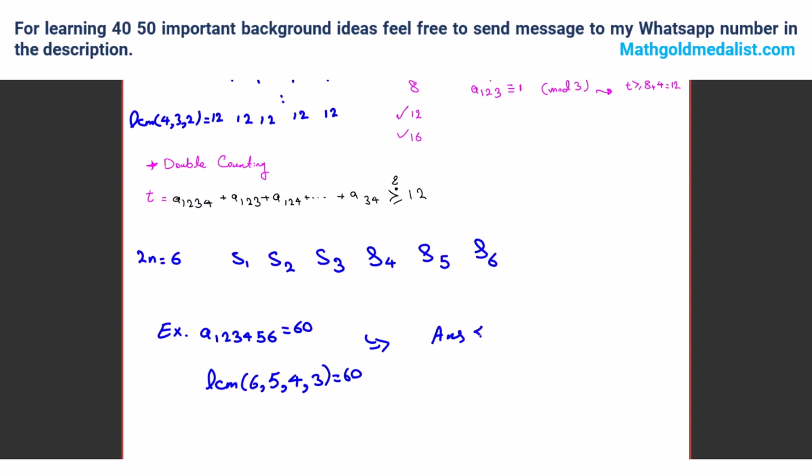Okay, good job. Now, we think that the answer would be the LCM always, but I think it was not. We can check it. But the key point here is when we wanted to prove why the answer is at least 60, we can find the whole idea of the problem, okay?